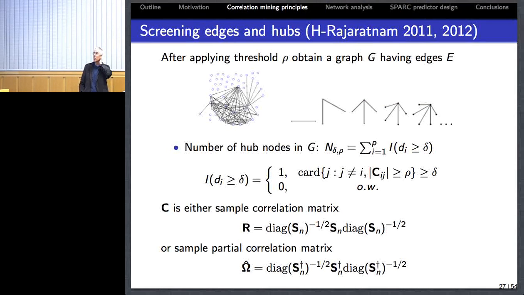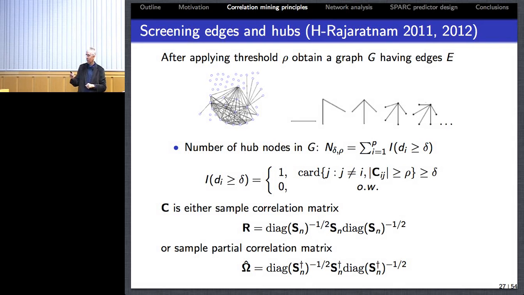So I'm not going to spend much time here. I'm running out of time because I wanted to get the main ideas across on the mathematics. But hub screening is a version of screening for vertices that have edges, but the degree of those edges has to be greater than or equal to some quantity.